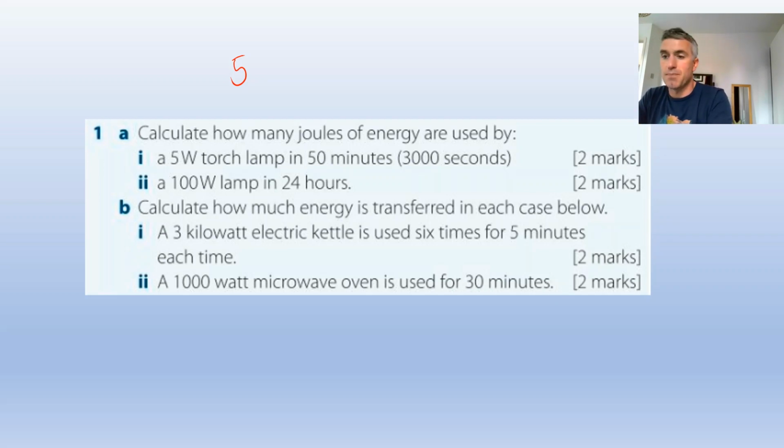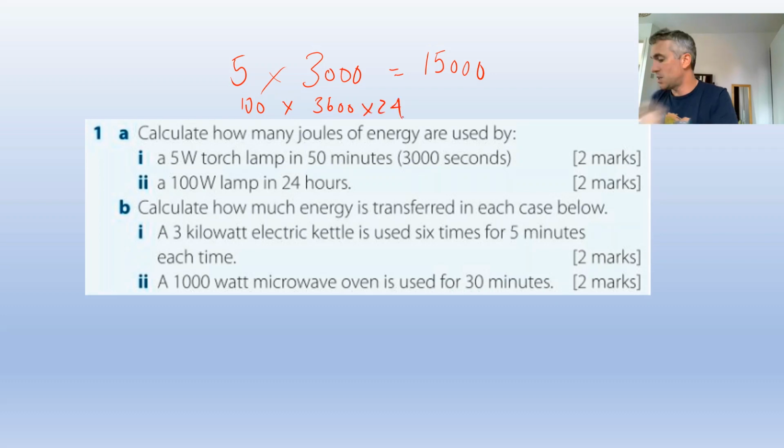So that is 5 times 3,000 seconds, which is equal to 15,000. A 100 watt lamp for 24 hours. Okay, so that's 100 times 3,600 times 24, which I'll have to do on my calculator.